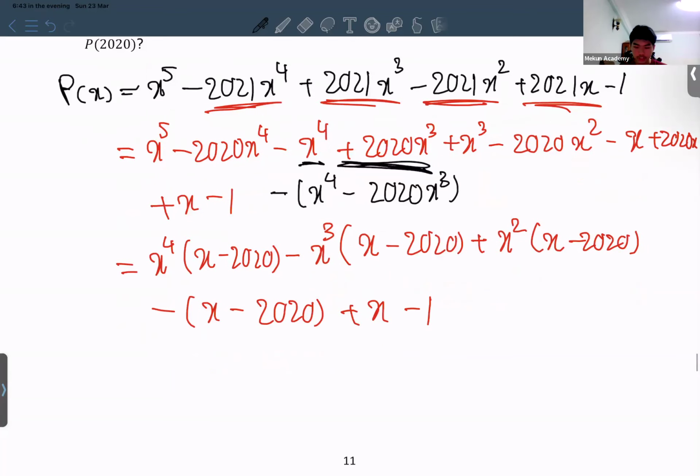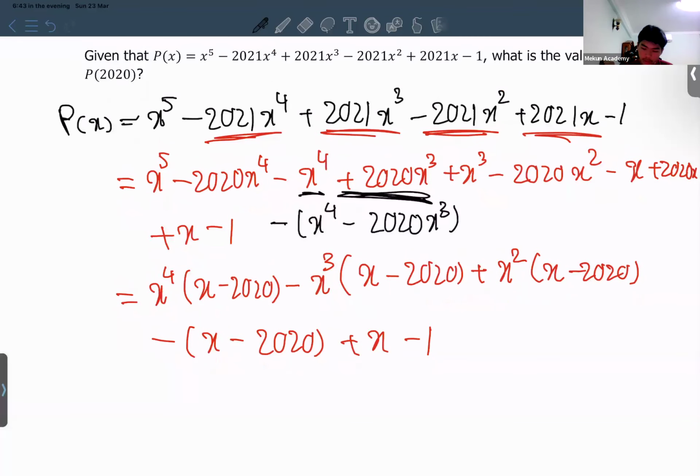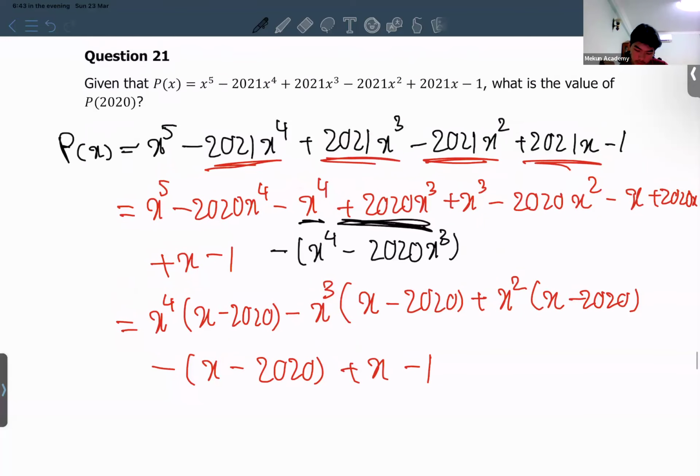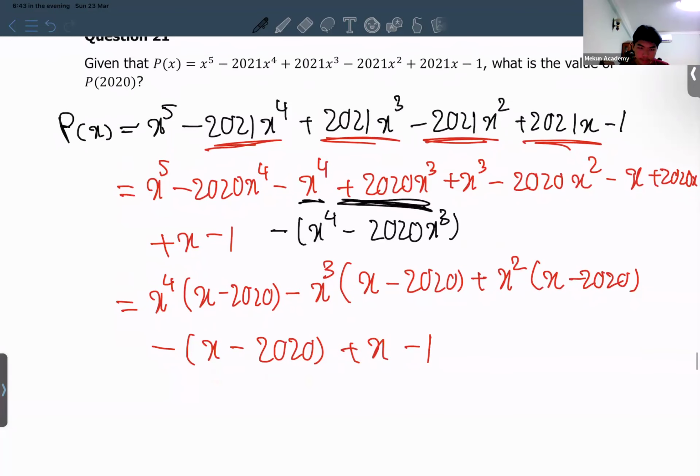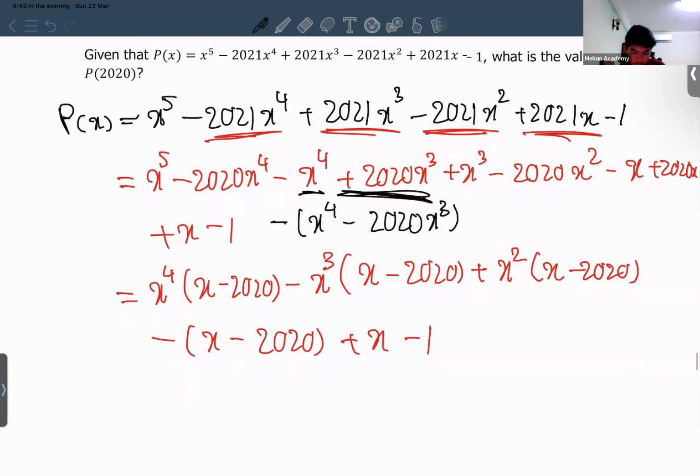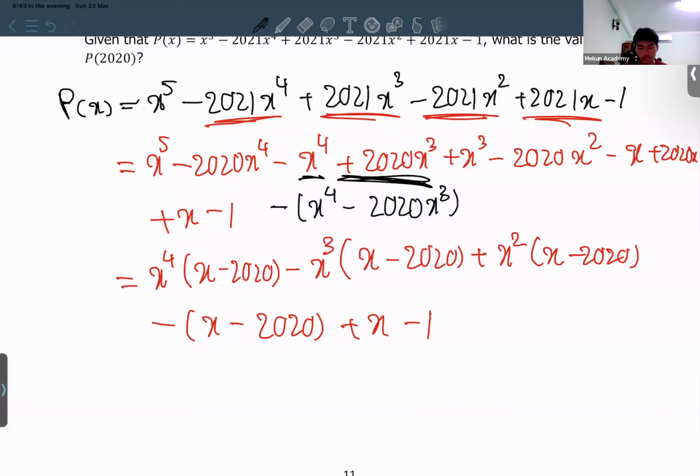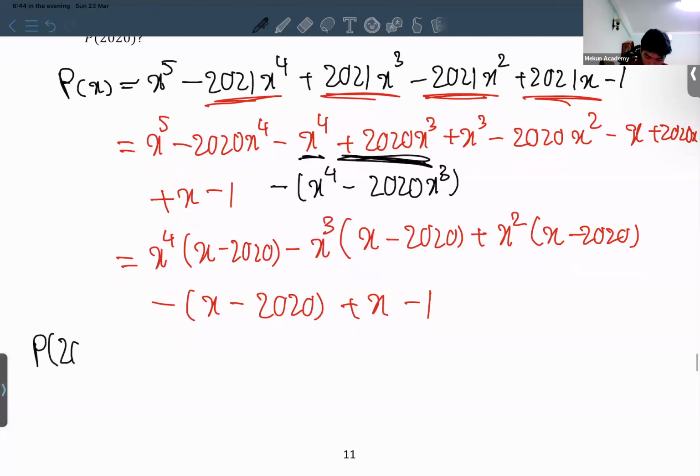So then we will need to continue from this. Just like what they gave us, they want to find P of 2020. So P of 2020 means you need to substitute x by 2020.